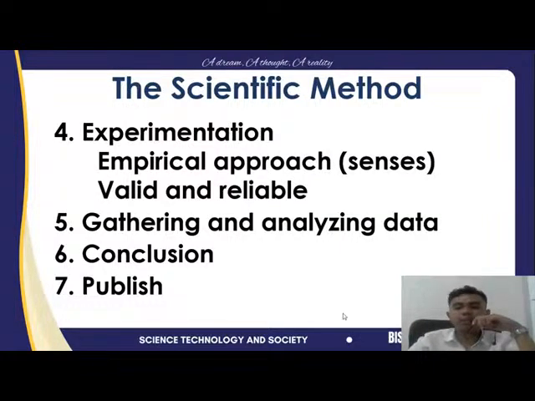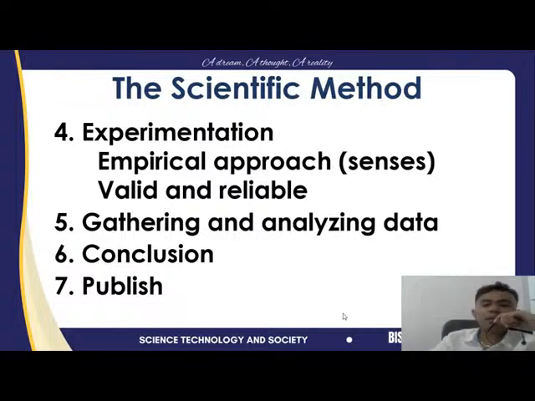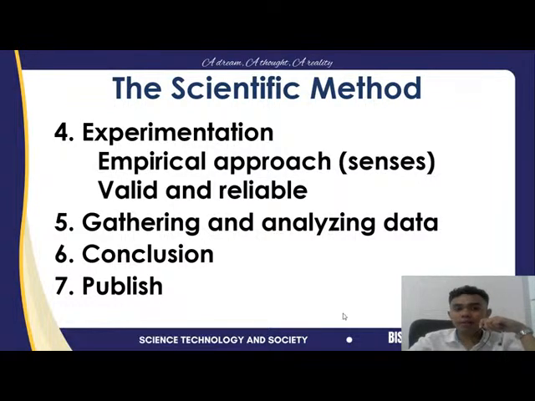A process like the scientific method that involves backing up and repeating is called an alternative process. So we can have an alternative way, as long as we are still aligned with the goal of our experimentation, which is to solve the problem. Actually, we can customize the process.